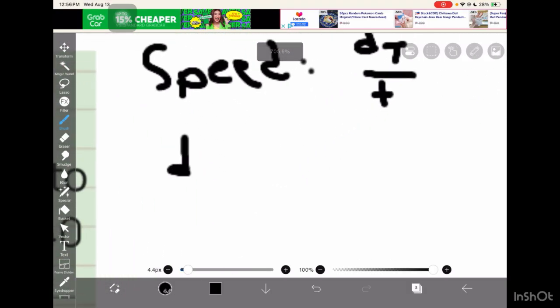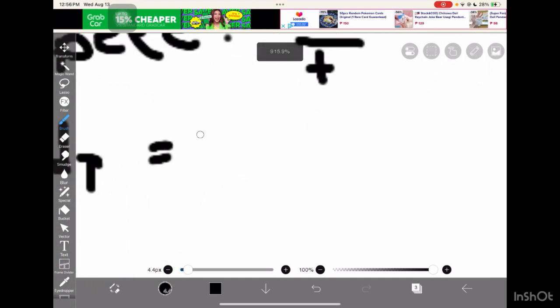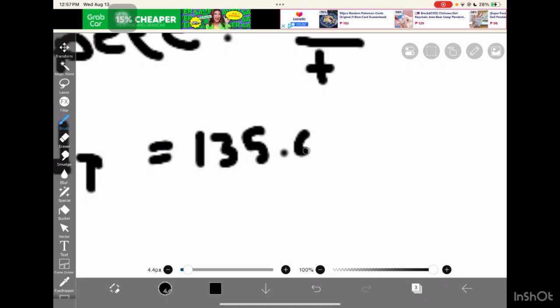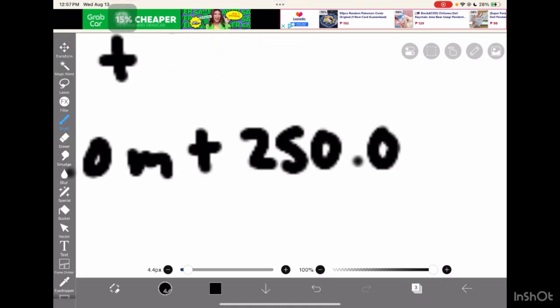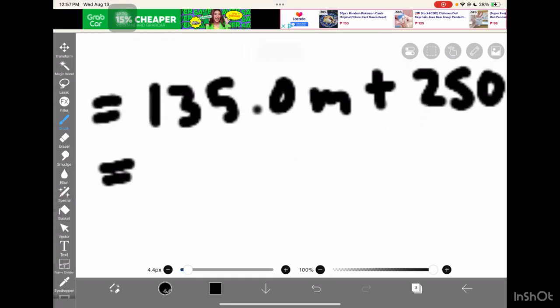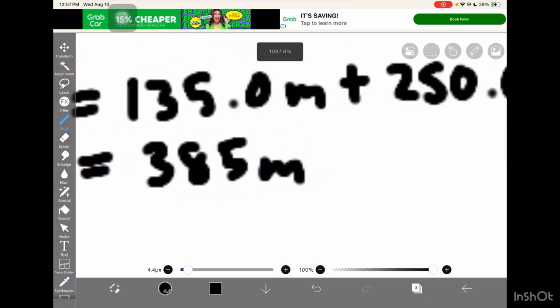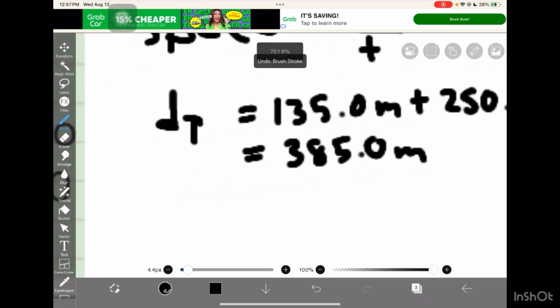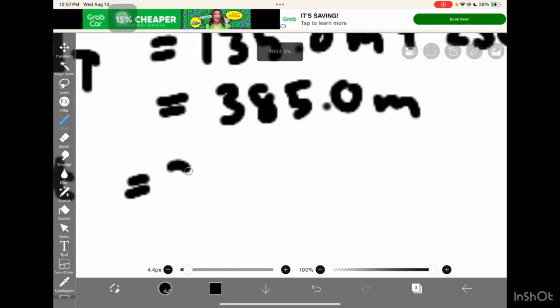So d sub t is equal to our two lines over here, the ones in the given that we didn't derive. So that's 135 meters plus 250.0 meters equals 385 meters. We are also given that t is equal to 240 seconds.